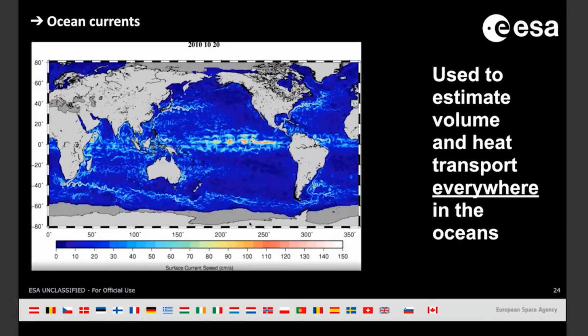Here is another example of what you can do with this geoid. I said to you that the geoid is a reference surface that more or less coincides with the ocean at rest. Everything that is not the ocean at rest will then occur as a difference with respect to that surface.